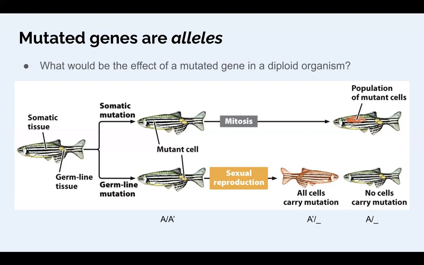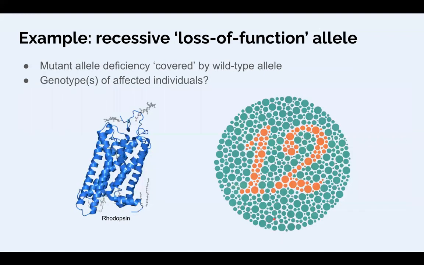So this is another one of those that becomes an open question. So not only do we ask how the protein is affected, we can also ask how that protein contributes to the phenotype. And so we can have mutated alleles that are dominant, mutated alleles that are recessive, mutated alleles that have no effect at all.